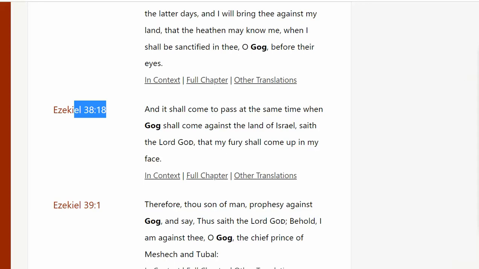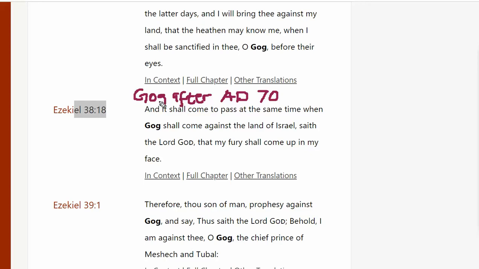So here, let me take a pen just to clarify more what we are looking at here. So we know that Gog, this is after, so it's after AD 70. That's what we are looking at.